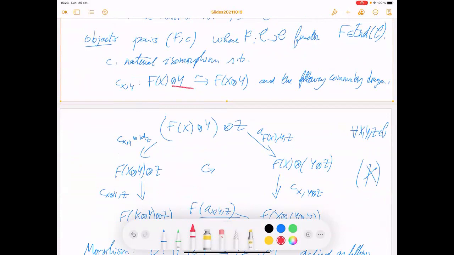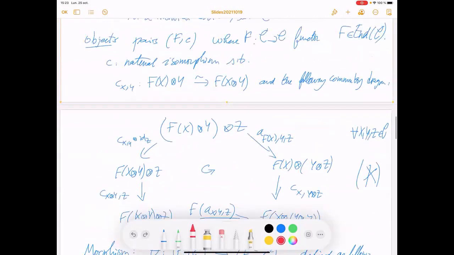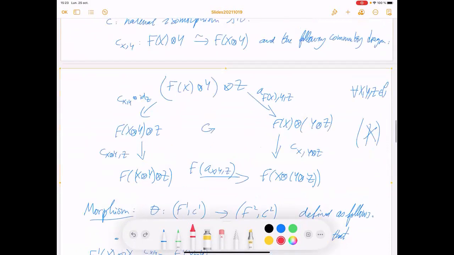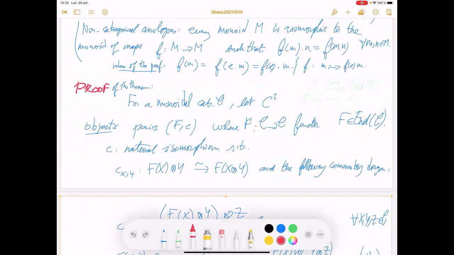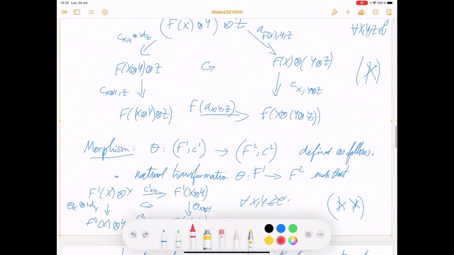This is an isomorphism between this and this, and you have this diagram commuting. So this is the category C prime. We said that last week.